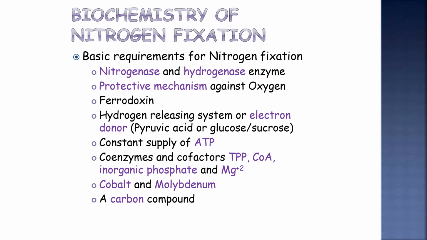So, students, so far we read about the role of nitrogen in plants, then also about the sources of nitrogen and how the nitrogen is fixed and the various types of nitrogen fixation, non biological and biological. In biological, we studied about non symbiotic and symbiotic.